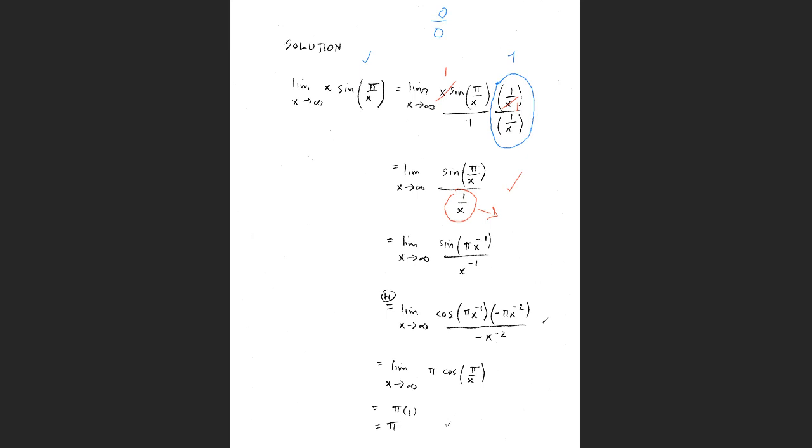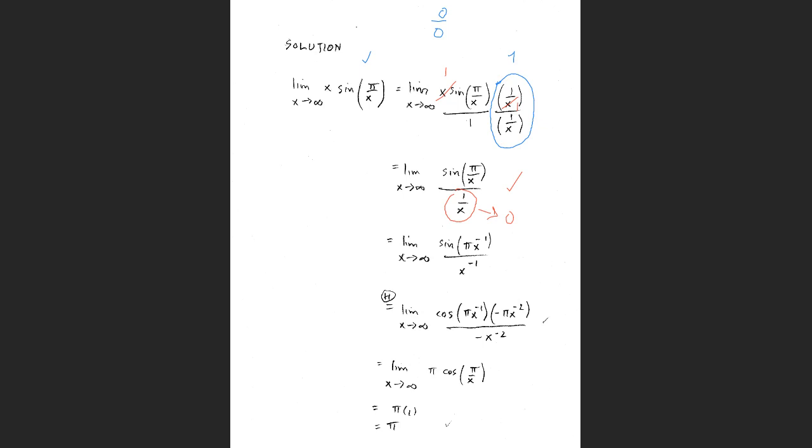Take 1 and divide it by a very, very big number. What's that going to equal, basically? Okay, that's right, that's going to go to 0.